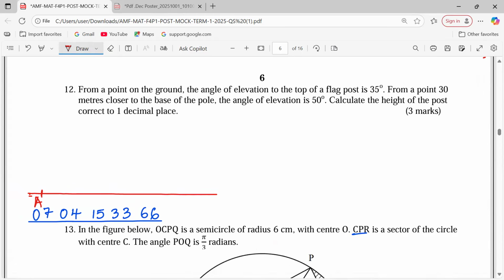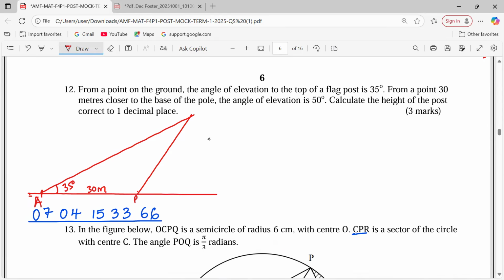You know very well that the farther you are, the smaller the angle of elevation. So this is 35 degrees. Now, when you move 30 meters closer to the base of the same pole, we reach another point B. The angle of elevation changes.